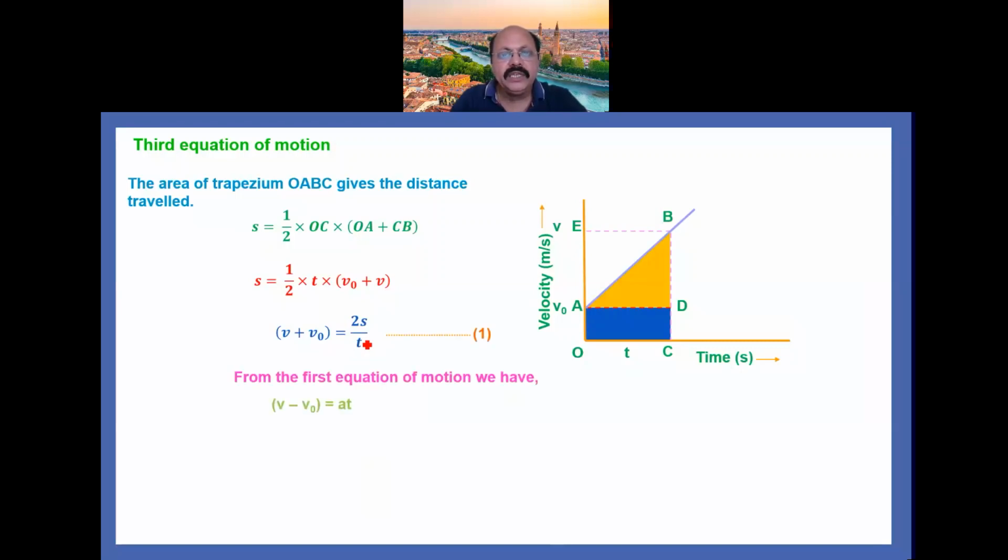Now, from the first equation, we know that V minus V naught equal to AT. Mark this equation 2 and multiply equations 1 and 2. We will get V plus V naught into V minus V naught, which is equal to V square minus V naught square, by the formula A square minus B square equal to A plus B into A minus B. On the right hand side, 2S upon T into AT.